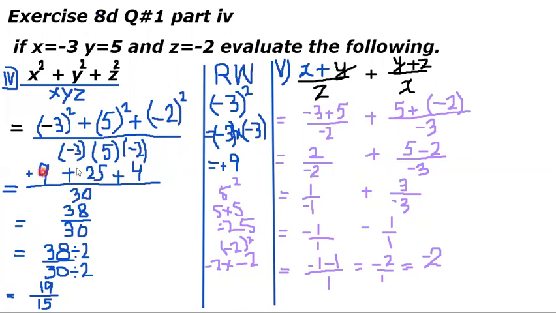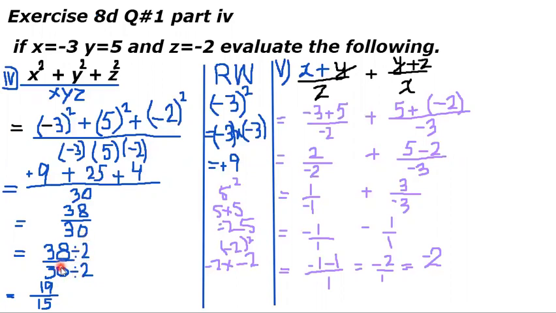When you add the numerators, 9 plus 25 plus 4, it gives us 38, and in the denominator 30. Now 38 upon 30 is a fraction, and students, please don't forget to change a fraction into its lowest term. The lowest term of 38 upon 30 is 19 upon 15.